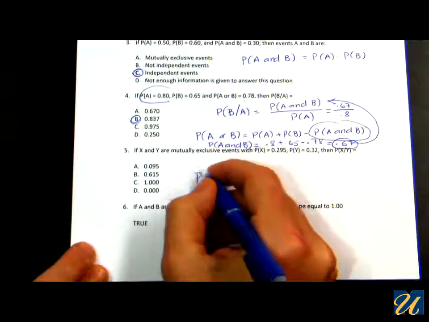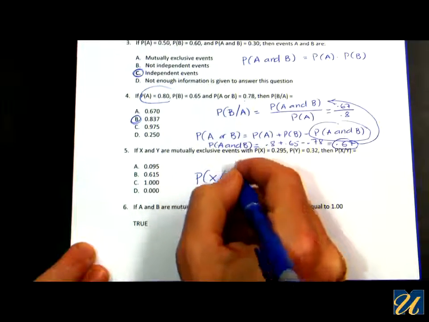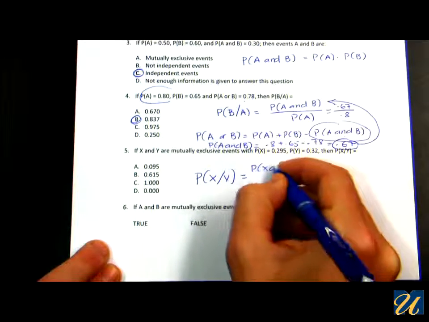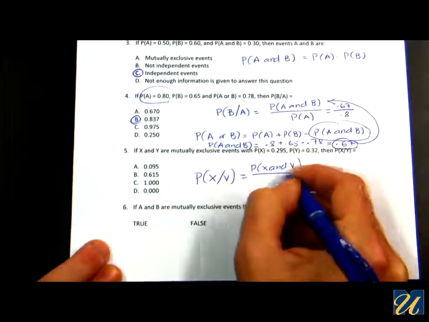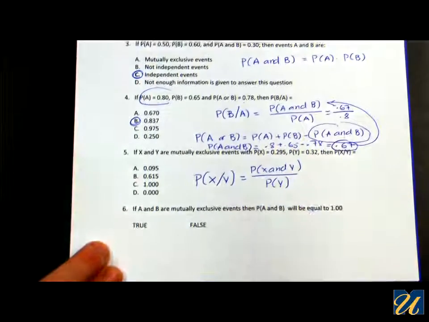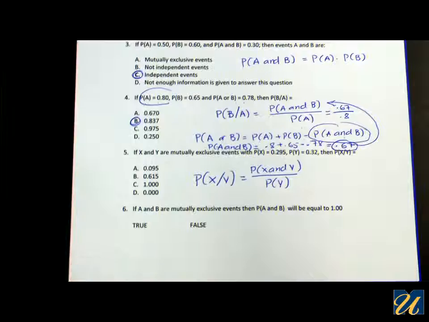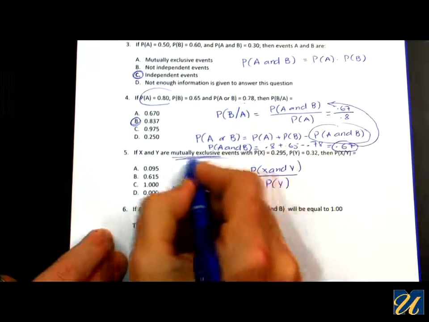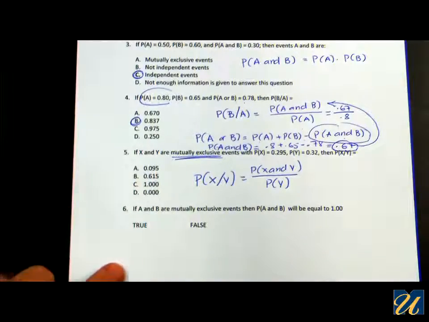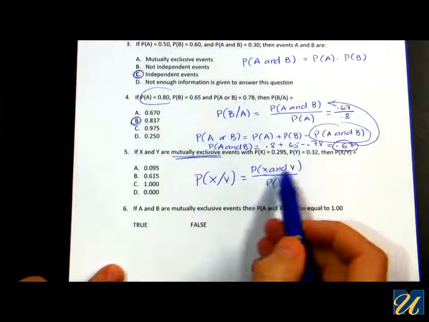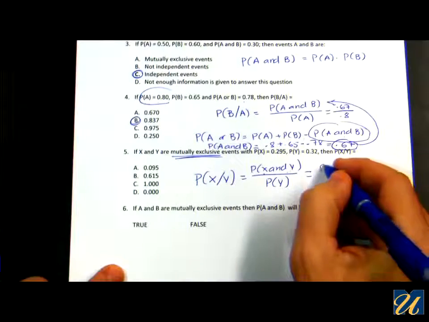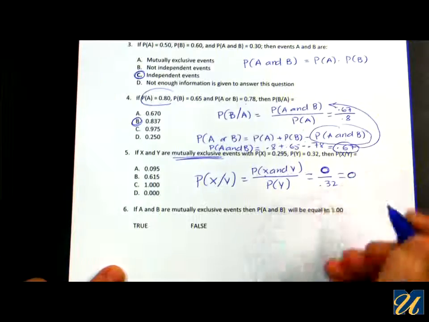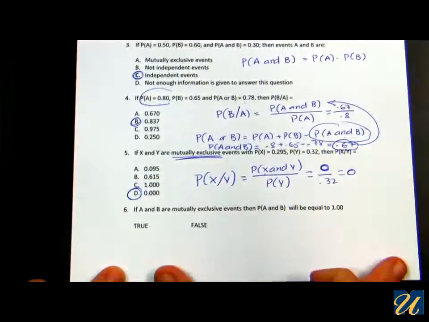So I'm looking for the probability of X given Y. The formula is probability of X and Y over the probability of Y. Now, we know the probability of Y, but we also know that these two events are mutually exclusive, which means the probability of both of them occurring at the same time is equal to 0. So 0 over 0.32 will be equal to 0. So the correct answer is D.